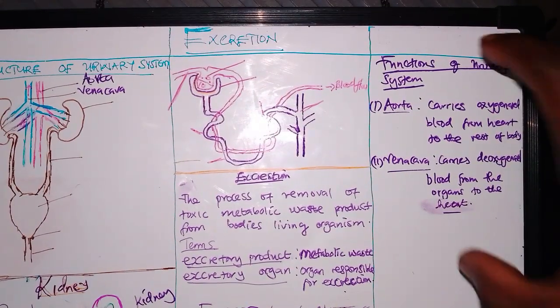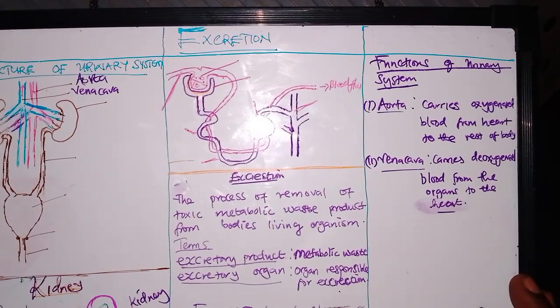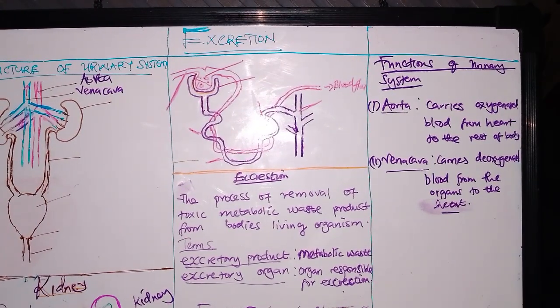So this is the opposite of what? The aorta. So whenever you hear aorta, just remember that it carries oxygenated blood. Then when you talk about vena cava, it carries what? Deoxygenated blood. Then we have our renal artery and renal vein.